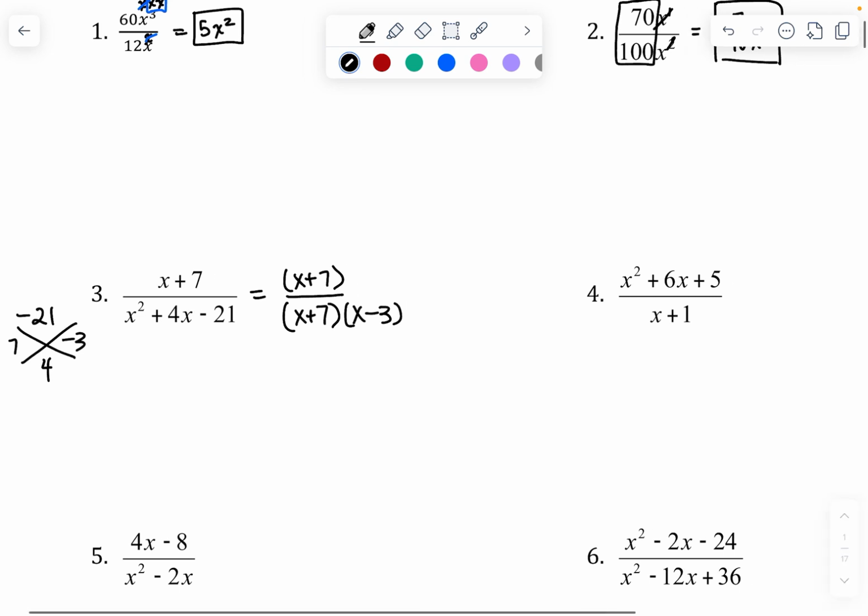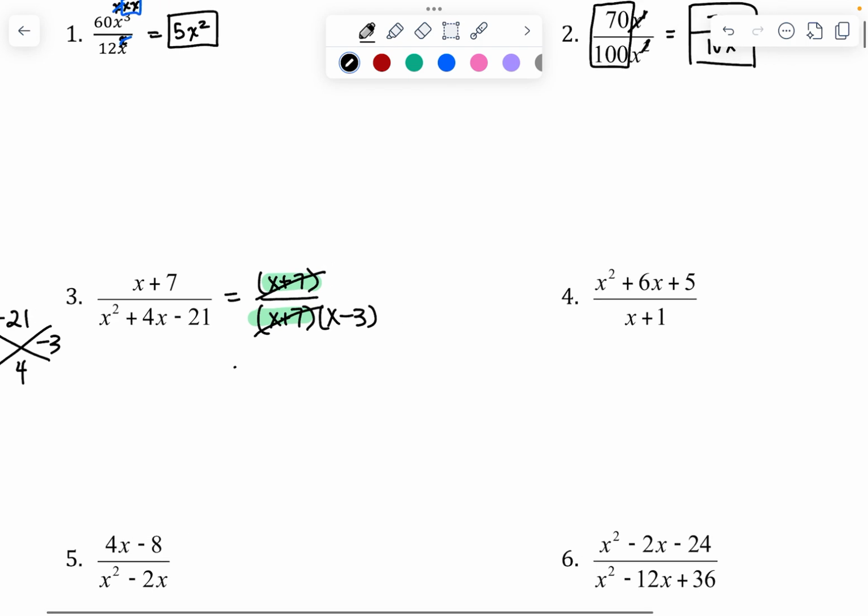And so now I have a factor of x plus 7 on top and a factor of x plus 7 on bottom, and so those factors would cancel, leaving me with nothing on top. Whenever there's nothing on top, there's 1 as a placeholder, and then x minus 3 would still be on bottom, and so that would be our final answer.